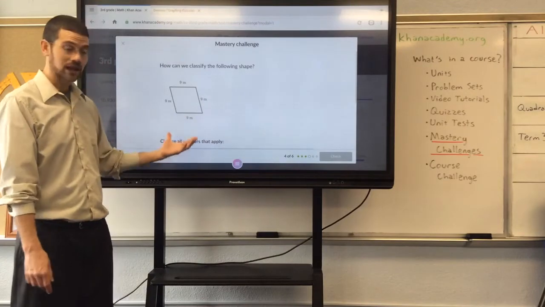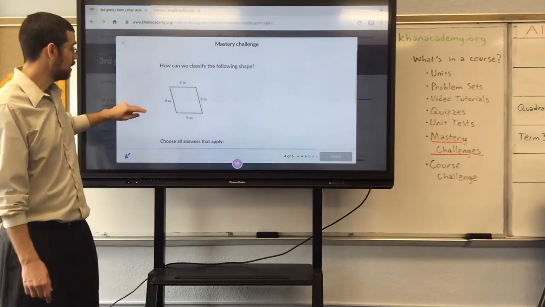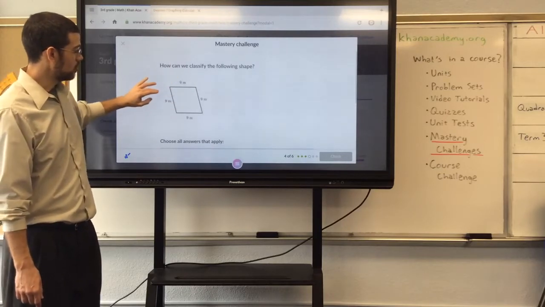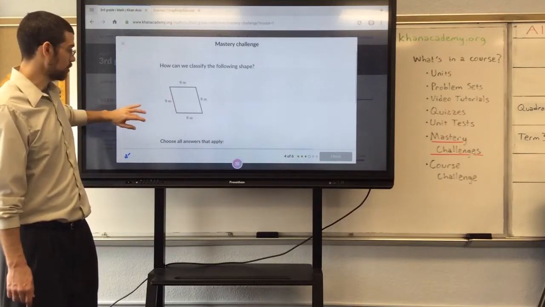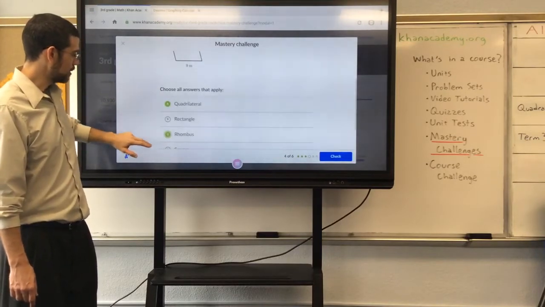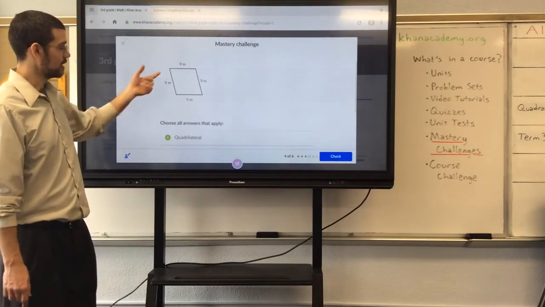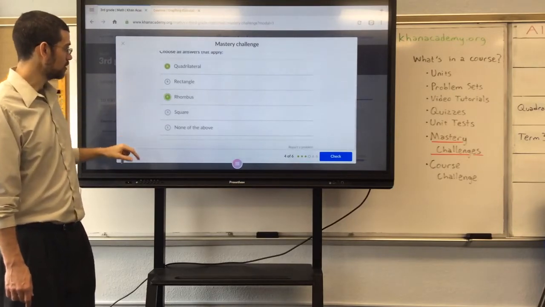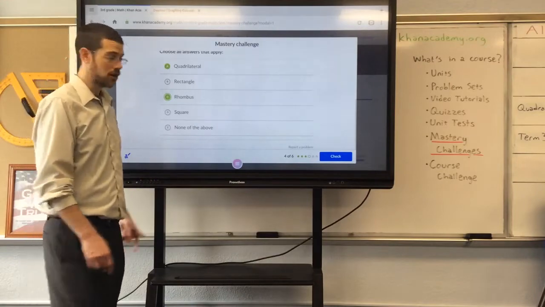Okay, so now we have our second question on geometry. Again, this is a quadrilateral, but its sides are all equal lengths, which means the sides are congruent. So it's a quadrilateral, but it's also a rhombus. It is not a rectangle because it doesn't have right angles. It is not a square because it doesn't have right angles, but it is these two, so it's not none.